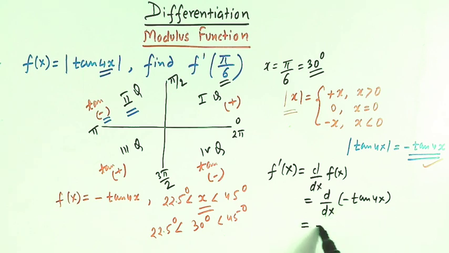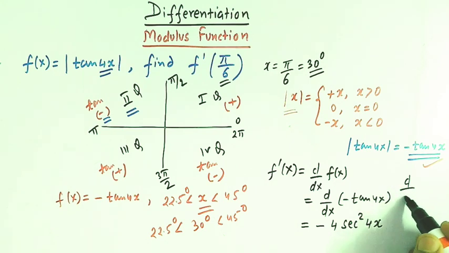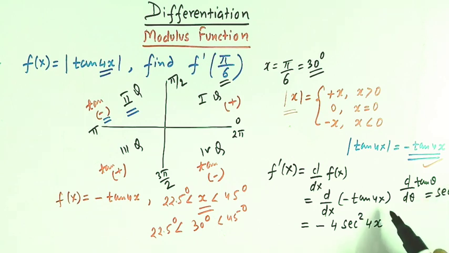The derivative of tan of 4x is equal to 4 times secant square 4x, because we know that the derivative of tan theta is equal to secant square theta, and here we have also used the chain rule, and by chain rule the derivative of 4x is equal to 4.